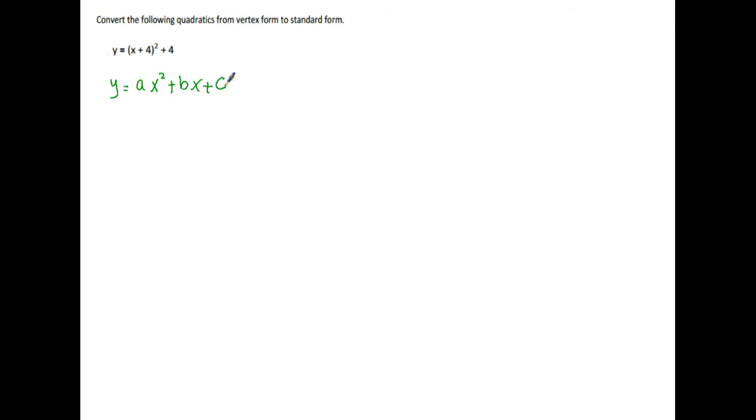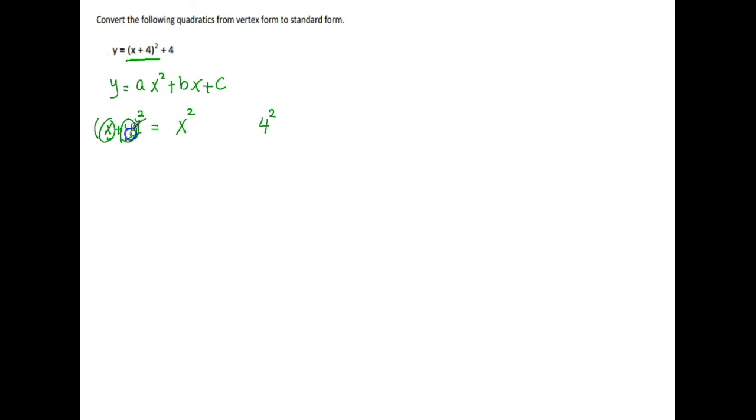So first, we have to expand that parenthesis. So (x plus 4) all squared is equal to, you square the first, you square the last, first times second times 2.